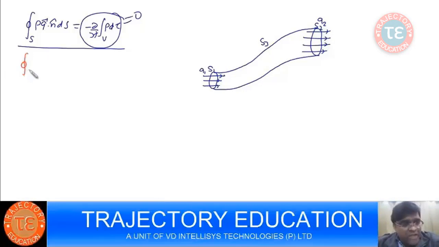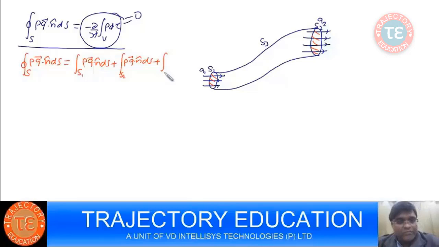So the flux of rho Q over S, that is the integral of rho Q dot n dS over S, where S consists of S1, S2 and S3, is the flux of rho Q over S1, plus the flux of rho Q over S2, plus the flux of rho Q over S3.